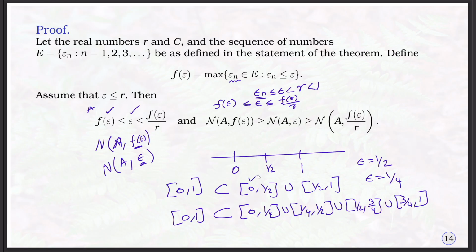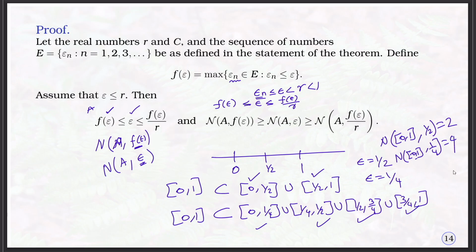Now here the number of closed balls required to cover the set A with epsilon 1 by 2 is 2, whereas here the number of closed balls of radius 1 by 4 required to cover the set 0, 1 is 1, 2, 3, 4.